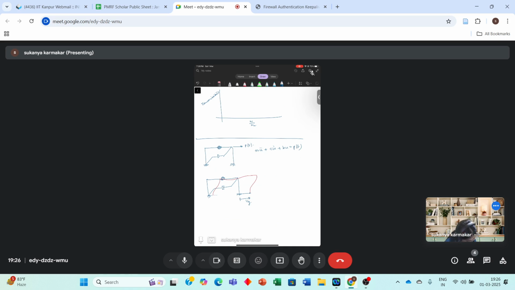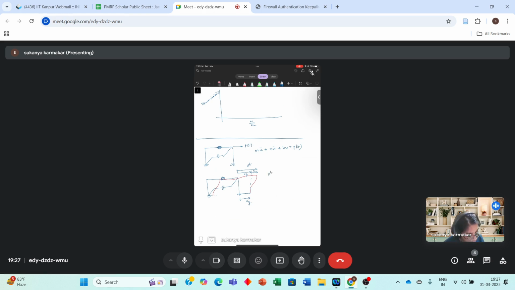So from the initial point to the final point is the total displacement, which is this much is u ground and this much is u, or you can say u_g is the ground displacement and u is the relative displacement.